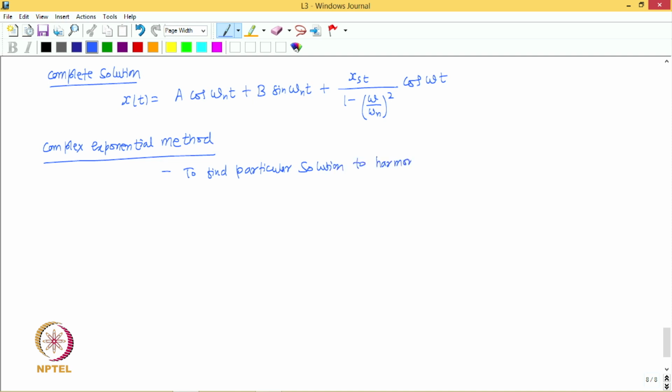So if a force is harmonic, we can use this method to find a particular solution to a harmonic force.